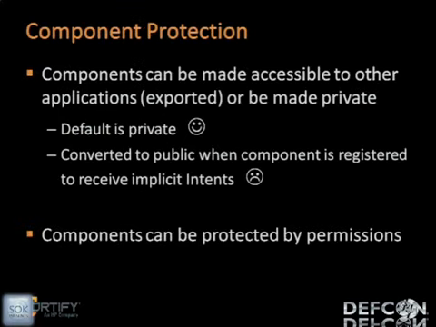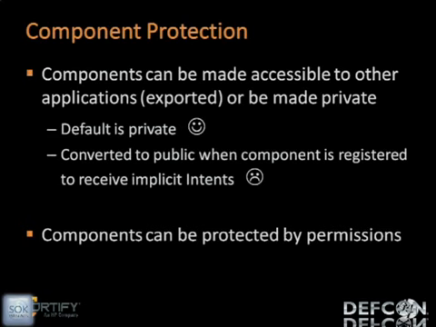So we have all this intent communication. How can components protect themselves? So components can limit their exposure to intents in two ways. First, components can be made accessible to other applications, so explicitly exported, so visible to all applications, or they can be made private, so only visible to other components within the same application.